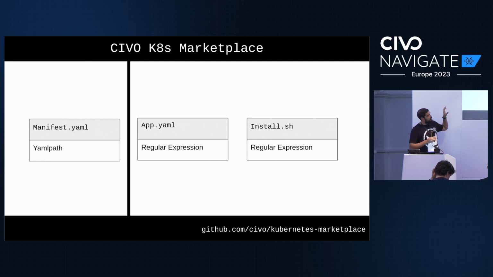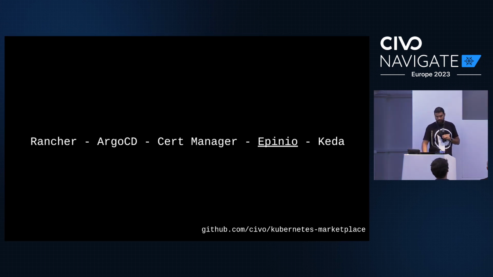What is annoying with the two approaches, the app.yaml and the install.sh, is that you don't have any structure in that file, so the only way to update is by using regular expressions because you don't know in advance what you want to update there. For the manifest, that's a YAML file. You have a structure, you have a convention, so you could automatically detect what you want to update.